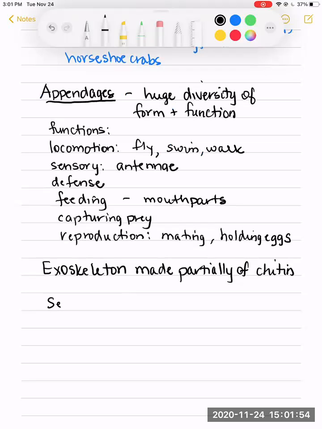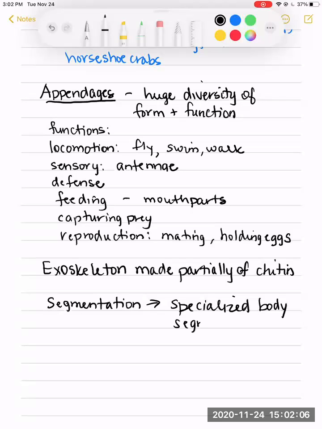Segmentation is a big deal, and they have specialized body segments, and I'm going to show you an example of that when I show you the slides in a minute. I'm going to give you a cool example of that. And really complex mouth parts, like I had mentioned up above, really different feeding strategies, especially in the insects.